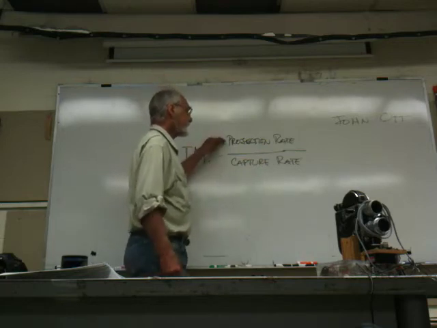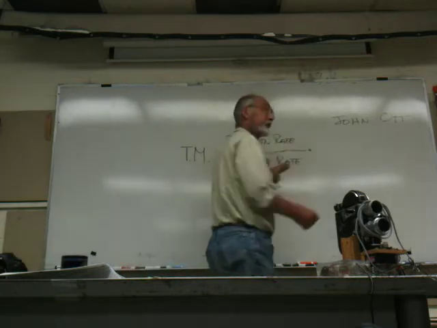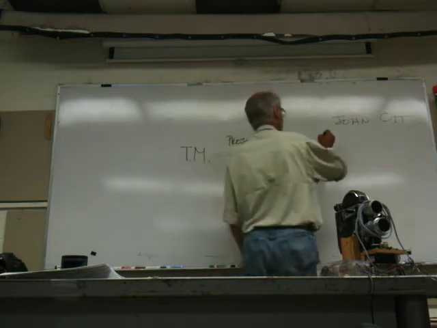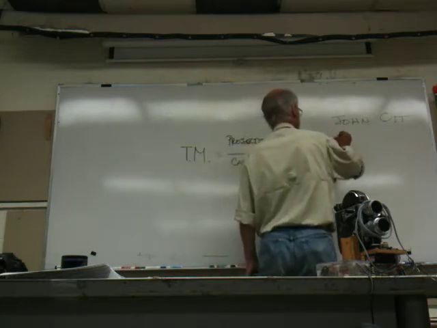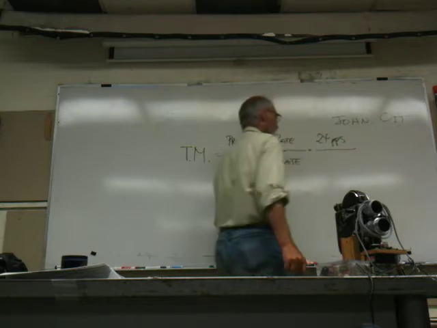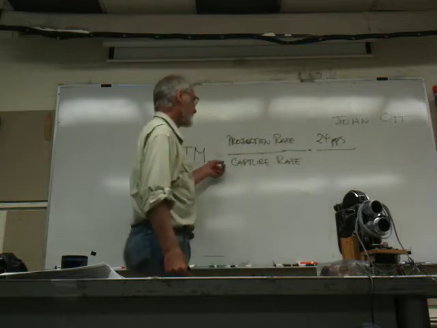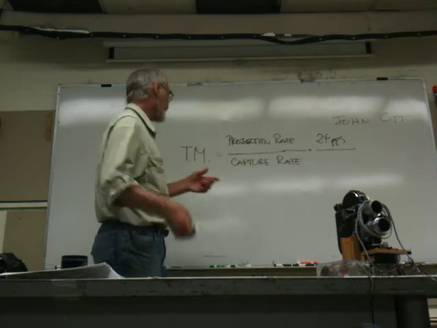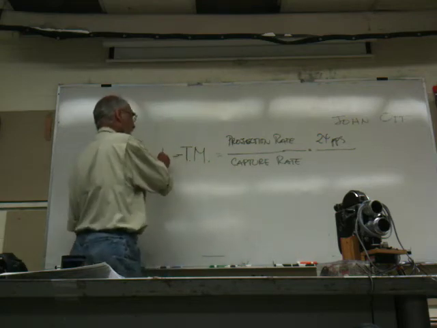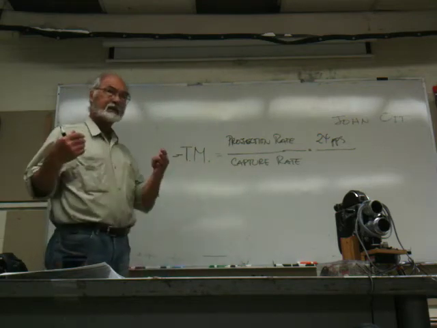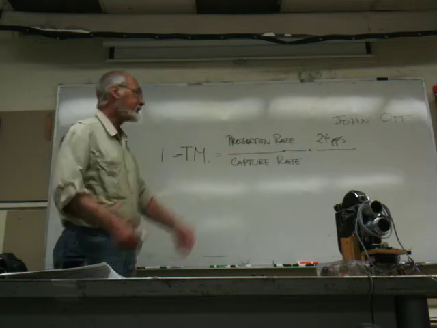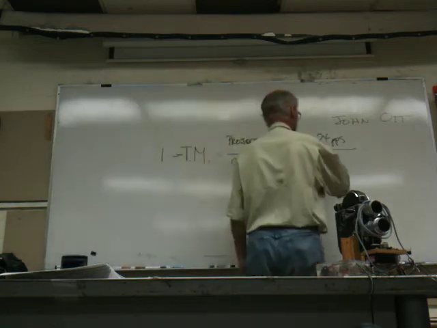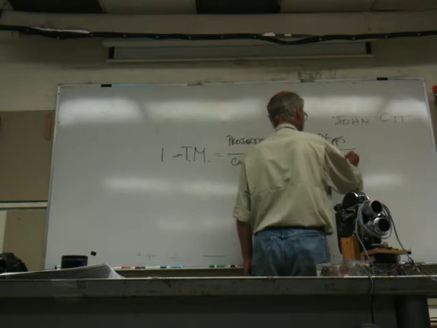So our projection rate is going to be our standard, 24 pictures per second. And I'm going to find how that relates to our capture rate. Now, for capture rate, it's going to give us a time magnification of 1, which means that the time on the screen and the time for real are the same. Well, capture rate will also be 24 pictures per second.